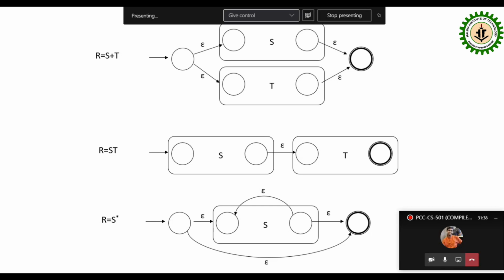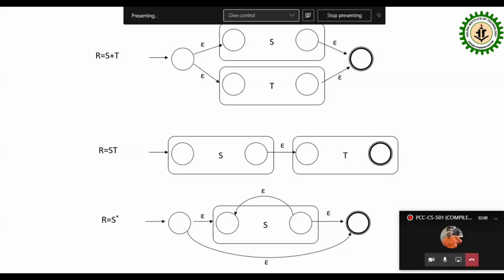Now for that regular expression, to get R equals S star, from the last node of S you come back to the first node of S by a null transition. From the start node, for epsilon you reach the first node of S. From the start node, on null, you also reach the final state directly. And from the last node of S, for a null transition, you reach the final state.